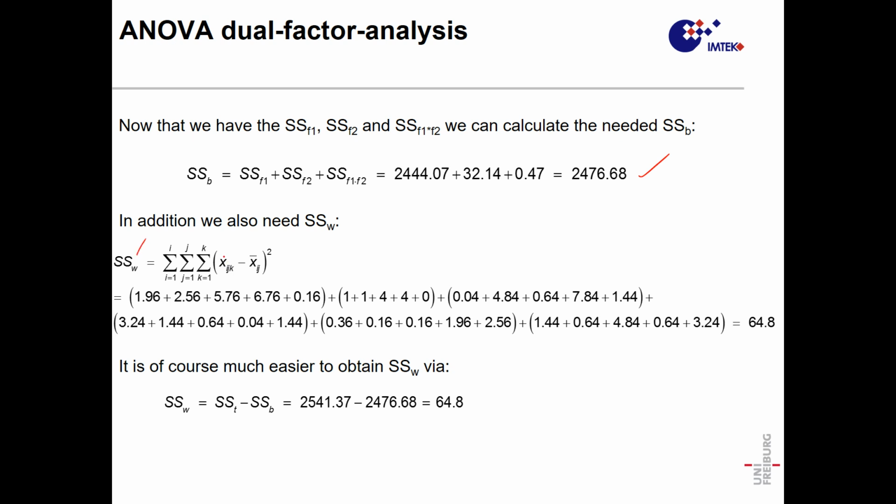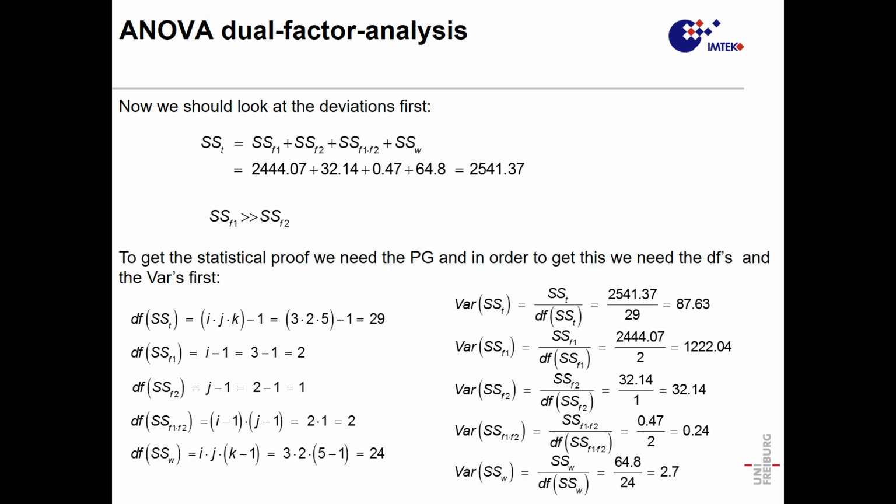You have to take each value, subtract the mean, and sum it together. You can go ahead with that, but you can also use the formula: if you subtract the between from the total, you will get the within. So you just shortcut it and you get 64.8. And that's why it's good to calculate the sum of square of the total, even if you don't use it for the analysis.